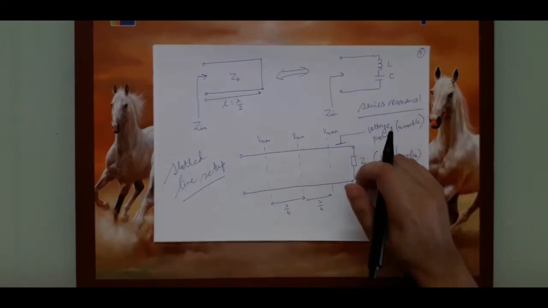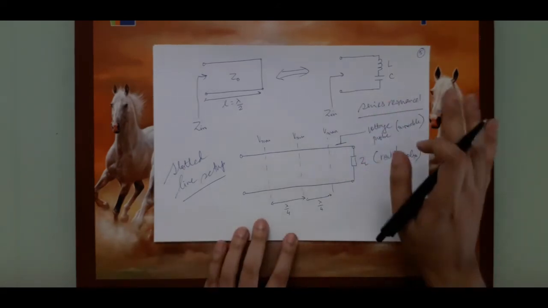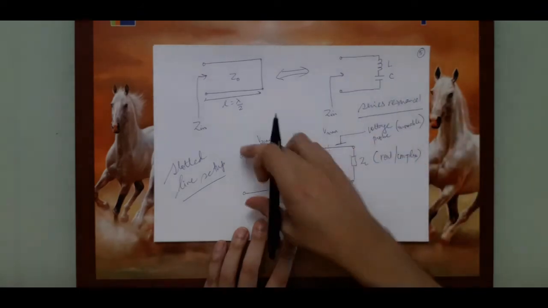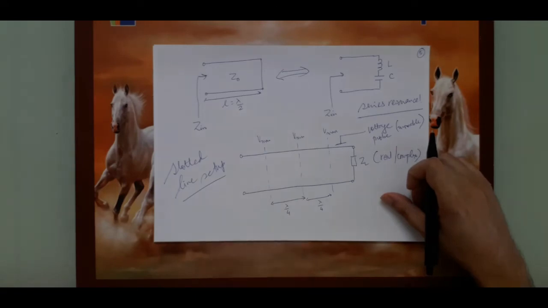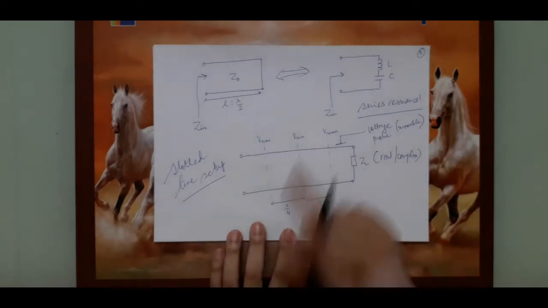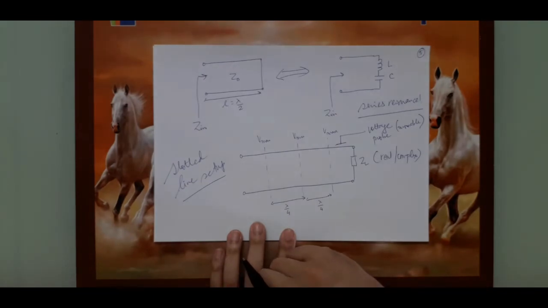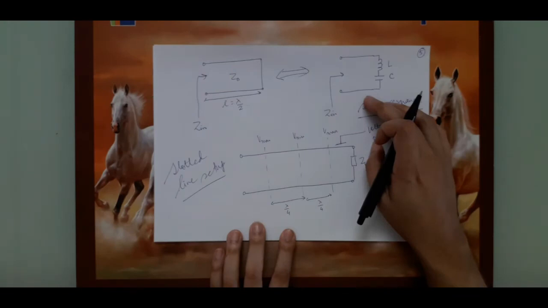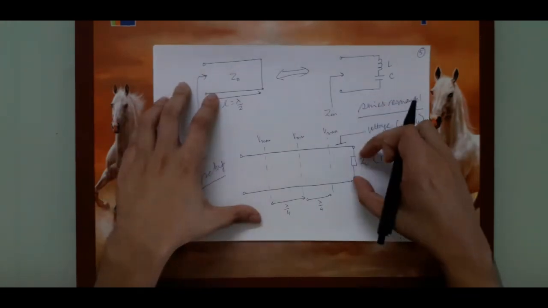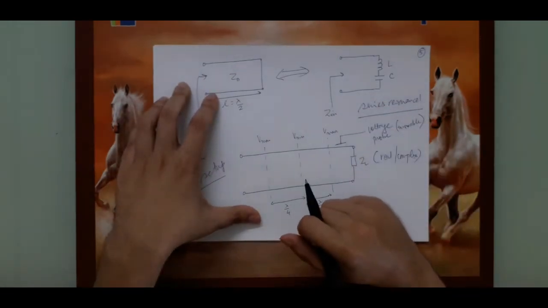Now let us say I have a slotted line, with a voltage probe through which I can measure these voltage maxima and minima. The question is, if I know the voltage maxima and minima, can I know what ZL is? Can I know what load is connected to the line?